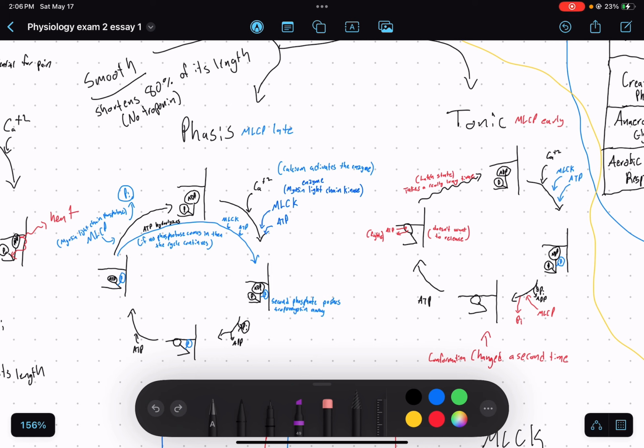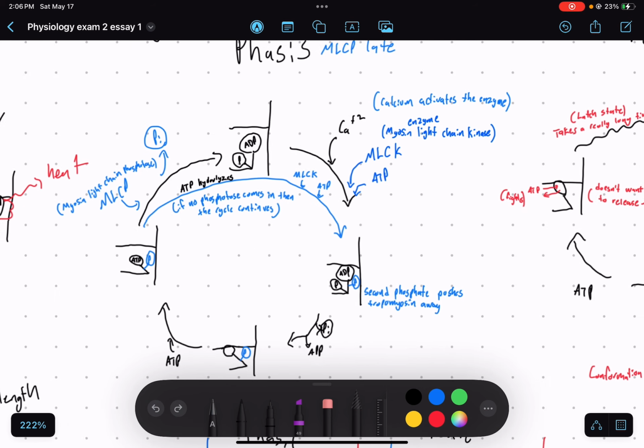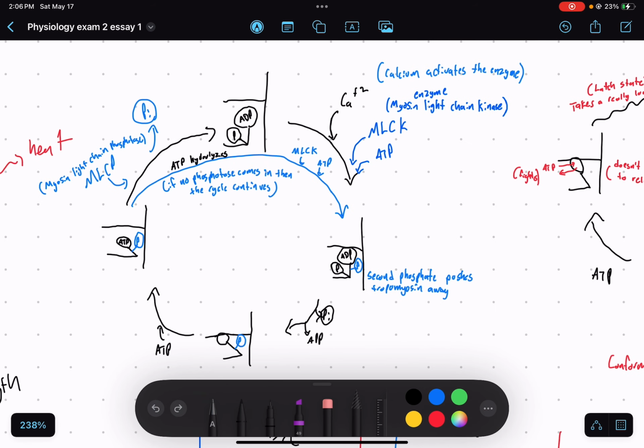And with this, the exact same kind of thing is happening as in skeletal muscle, but just a little different.